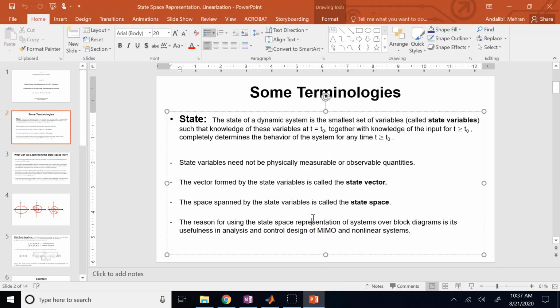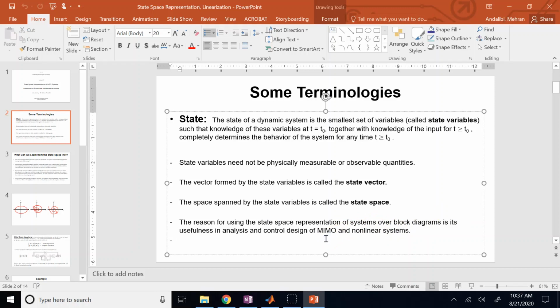Now, why is it that we might choose state space over block diagrams and transfer function? First of all, as I said, they work for nonlinear systems too. They are not limited to linear systems.